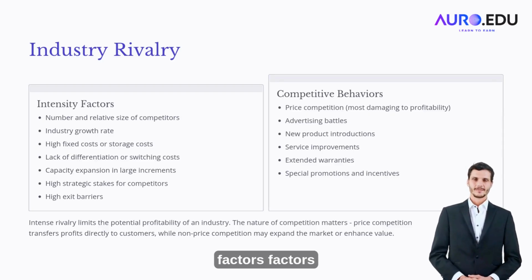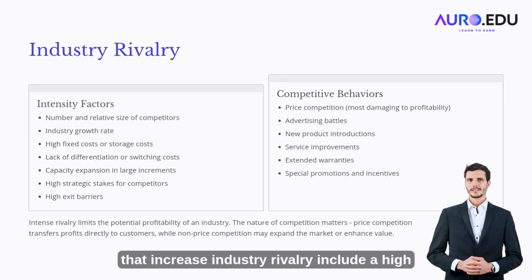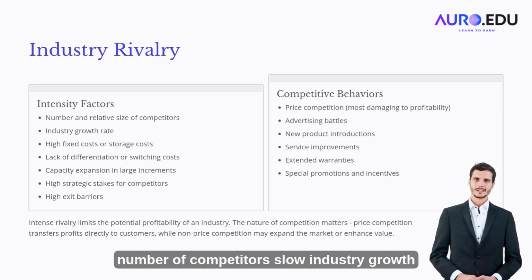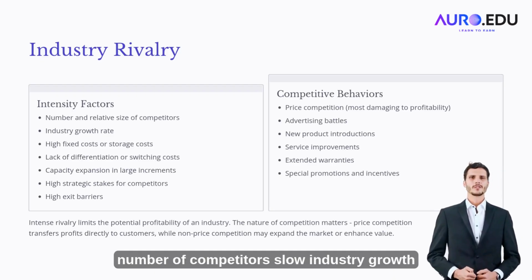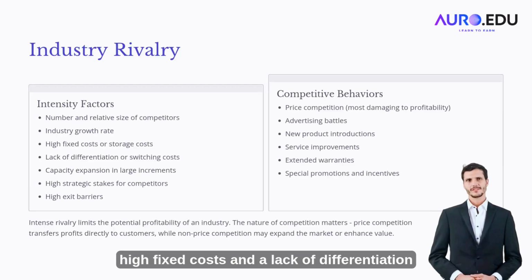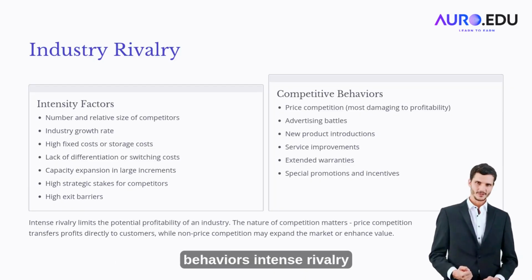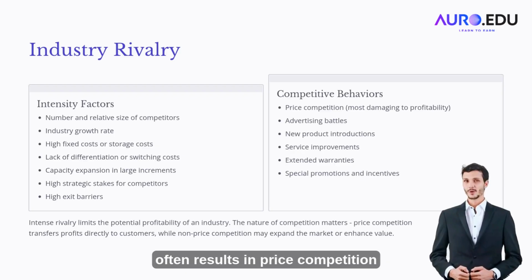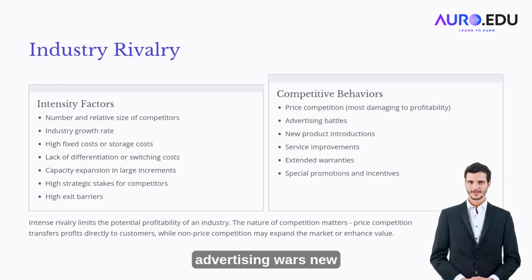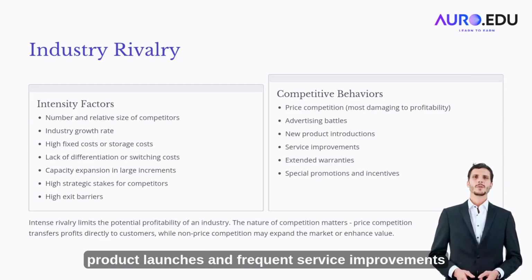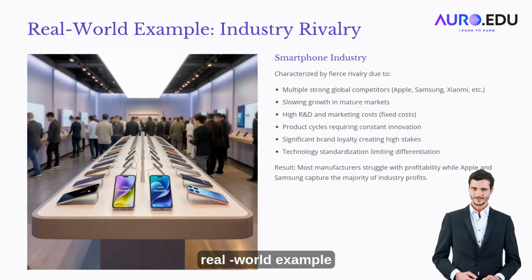Intensity factors. Factors that increase industry rivalry include a high number of competitors, slow industry growth, high fixed costs, and a lack of differentiation. Competitive behaviors. Intense rivalry often results in price competition, advertising wars, new product launches, and frequent service improvements.